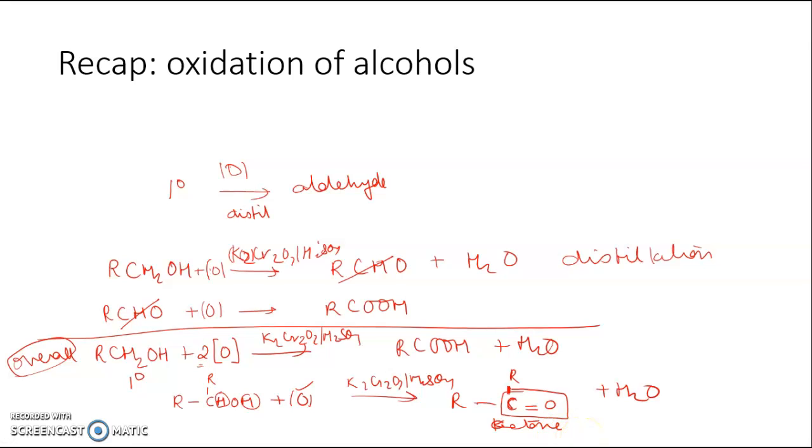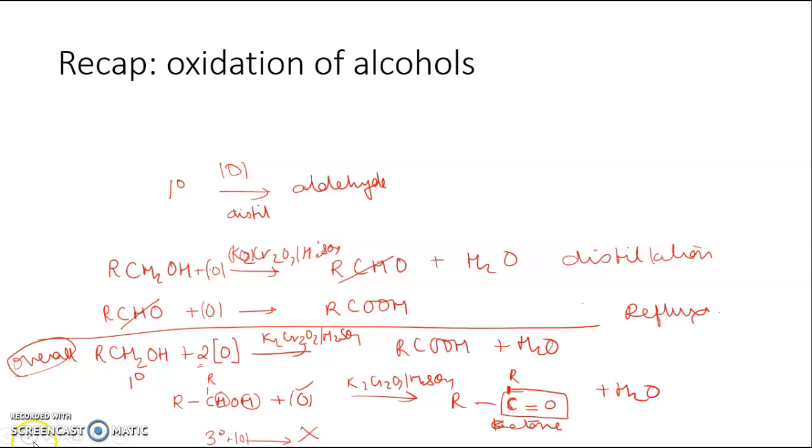So as in the previous example, we called it butanone. So that was in a nutshell primary and secondary. If you want the reaction to go all the way to carboxylic acid, for primary you would do the reflux method. 3-degree alcohol, we said it will not undergo any oxidation.